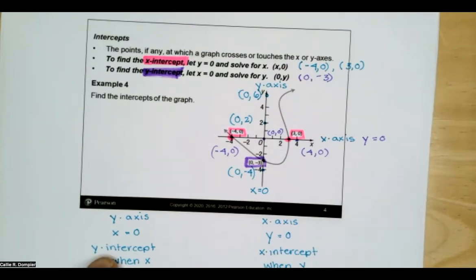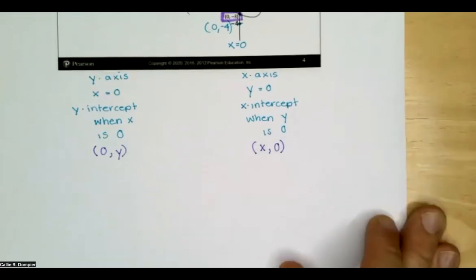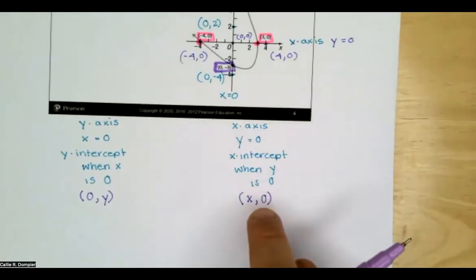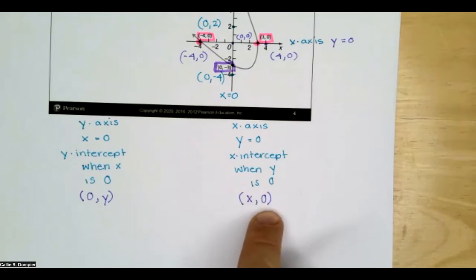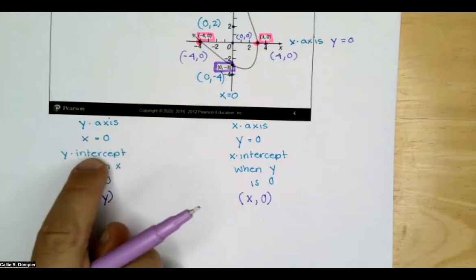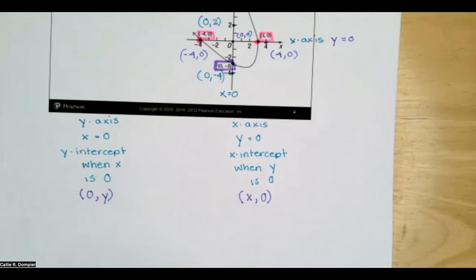So for the y-intercept, again, it's going to be 0, and then whatever your y value is. Your x-intercept is going to be x value, and then, oops, I'm sorry, you couldn't see that. X-intercept is on the x-axis, y is equal to 0, so you can write it as a number, and then your second number is going to be 0 because that's your y value. For the y-intercept, x is 0, so it's going to be 0, whatever your y value is. Good.